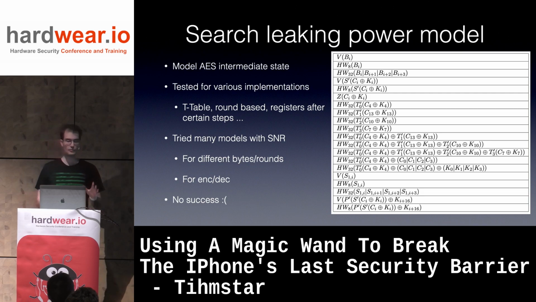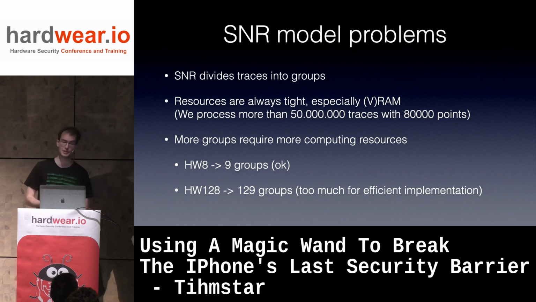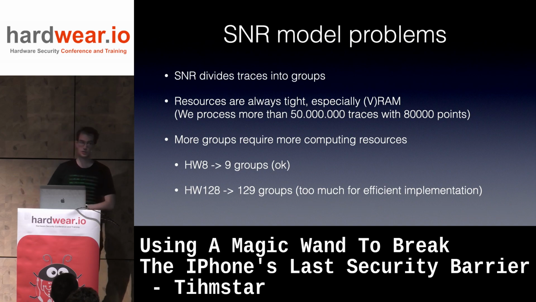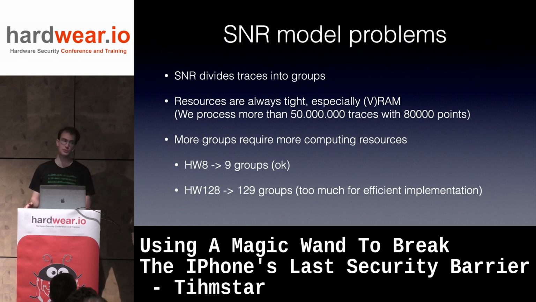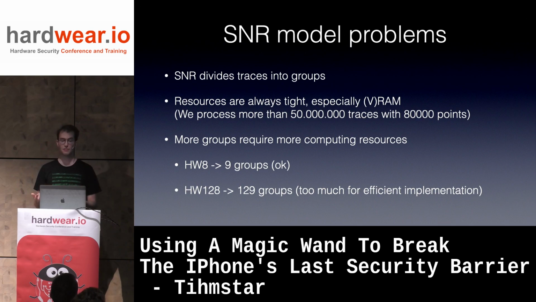So I eventually gave up on that because SNR has some problems for practical attacks. SNR divides traces into groups, and resources are always tight, especially RAM or VRAM. I was using a custom OpenCL implementation, so I was doing that on GPUs to speed it up even more.